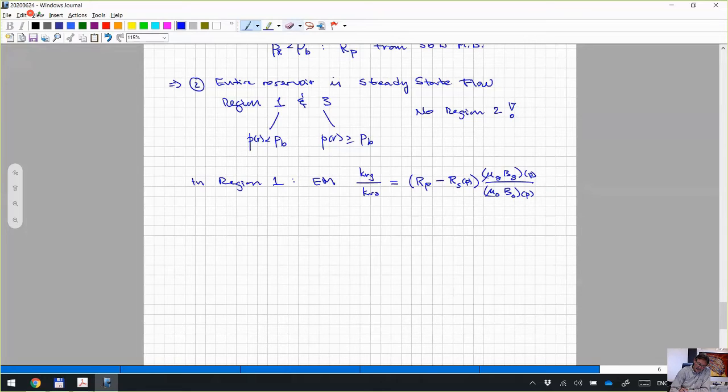And that gave the ratio KRG over KRO to be a function of pressure.